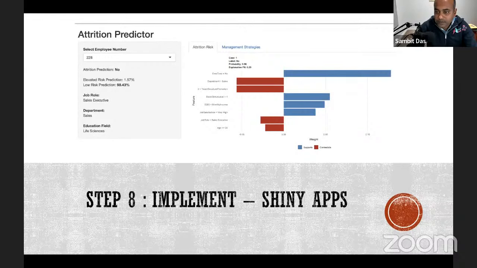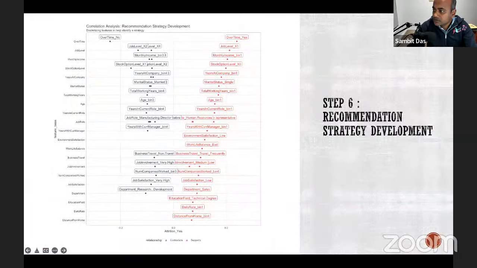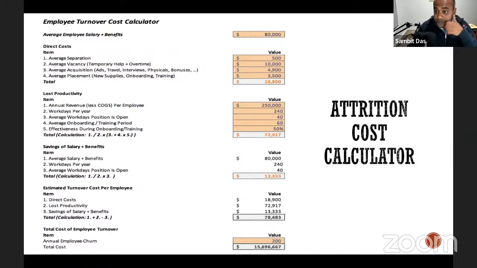So this is something that can also be hidden. Okay. So how was the estimated cost of attrition calculated? Estimated cost of attrition was calculated here. This is the calculator that we have gone through. This is how I explained in our chat today how I went about calculating the direct cost, productivity cost, and savings.